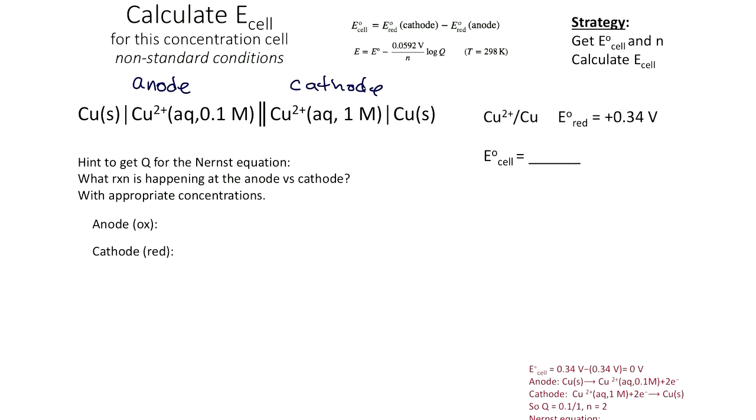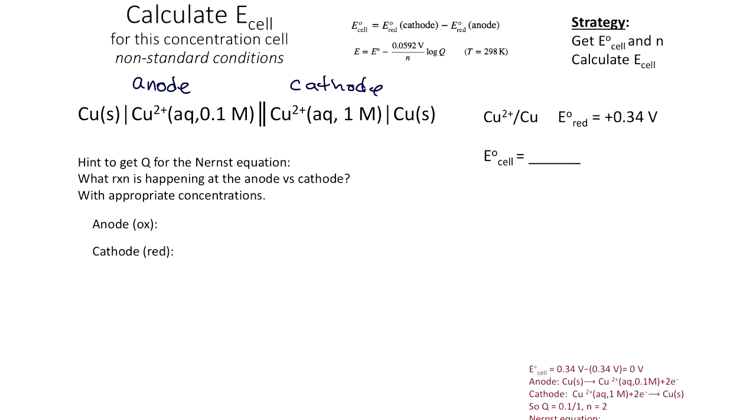And I have different concentrations here. So we're going to use the Nernst equation again, and the process is the exact same. We need to get E cell naught first, the cell potential at standard conditions, then we need to get N, and then we need to get Q. That's the goal here.